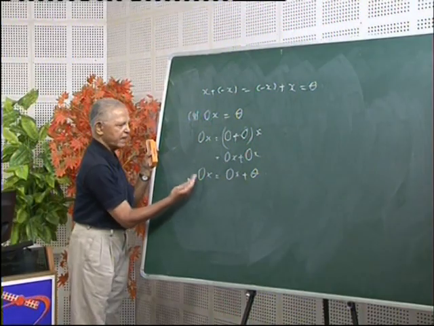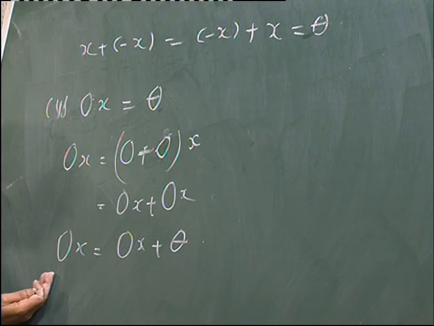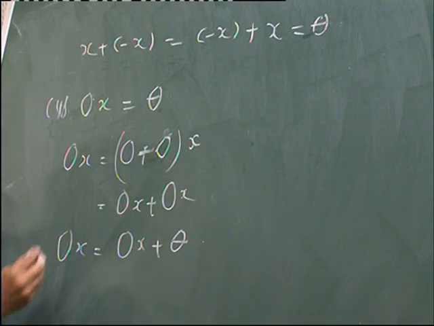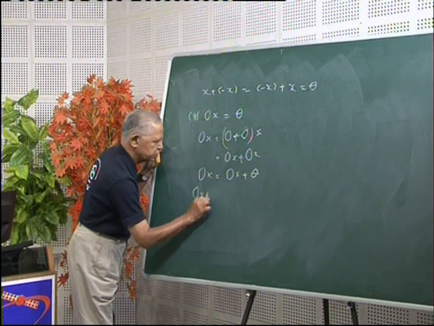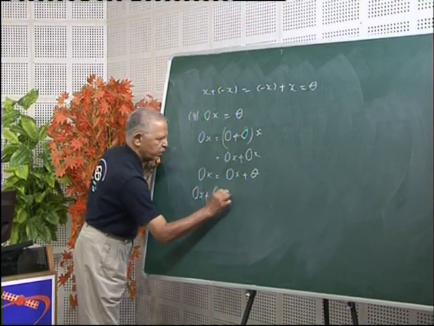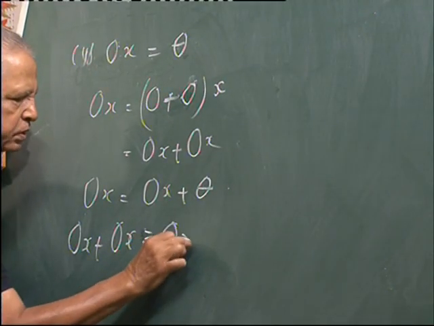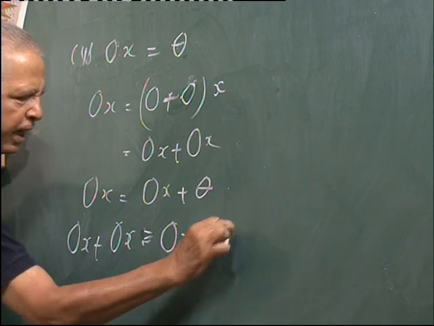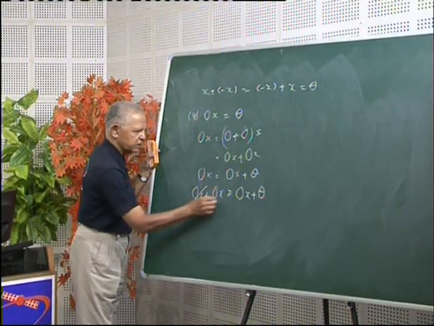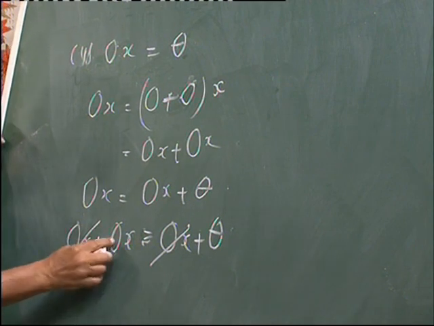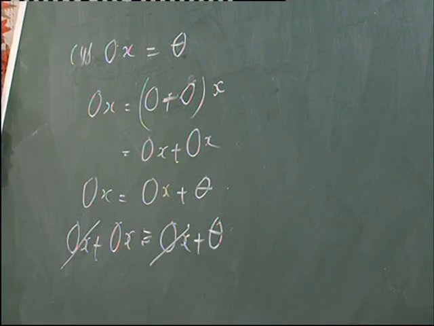Left hand sides are equal, so right hand sides should also be equal, and that implies 0 x + 0 x = 0 x + theta. Applying the cancellation law, we get 0 x = theta.